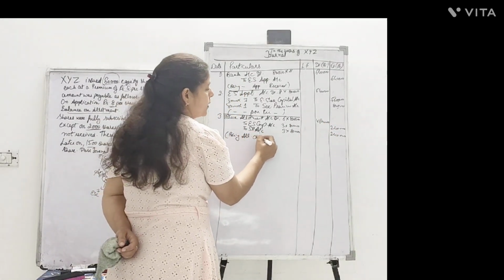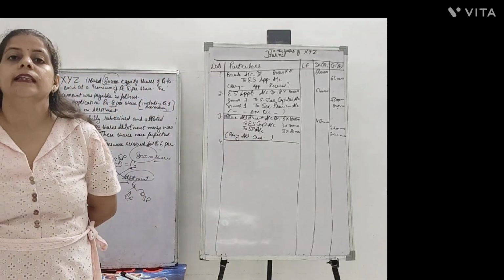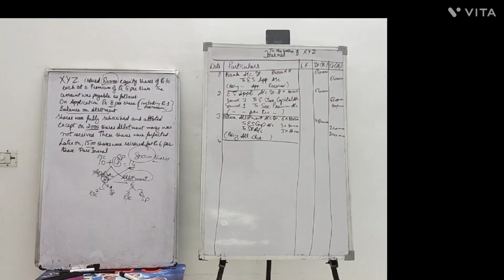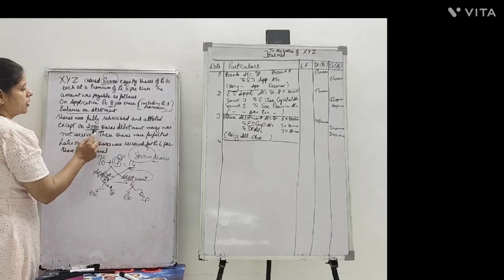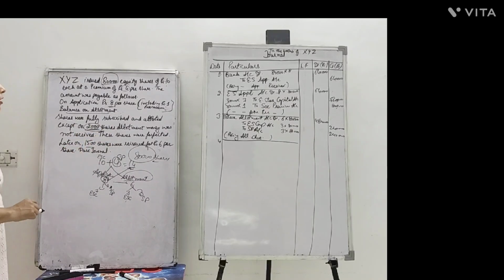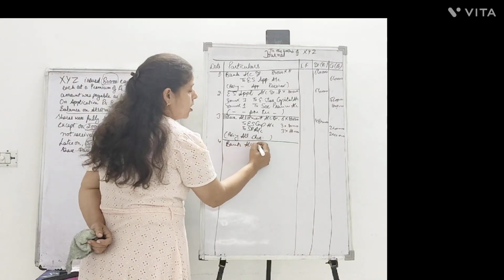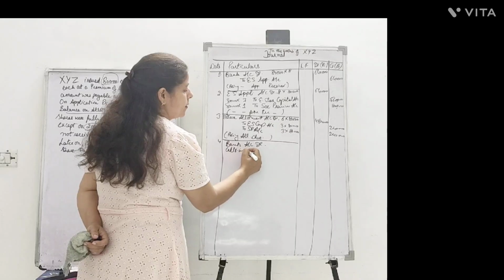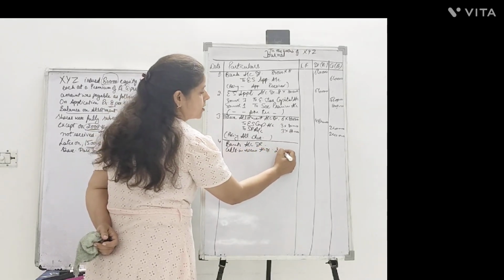I have told you that if there is something in calls in arrears, we will consider that only in the bank entry. So here the bank entry is given that shares were fully subscribed and allotted except on 2,000 shares, allotment money was not received. So how many shares were not able to make the payment of allotment? They were 2000 shares.